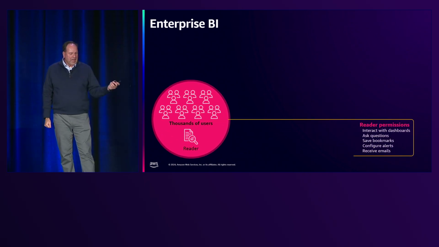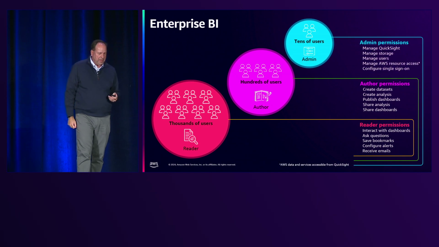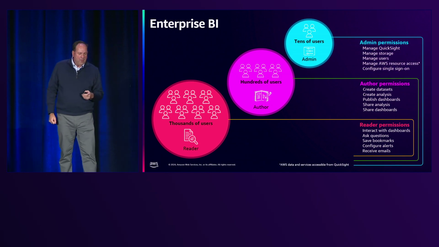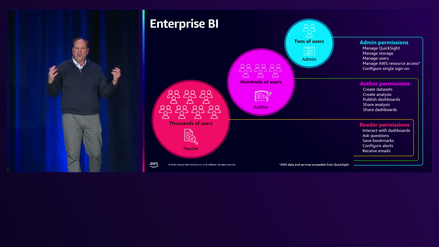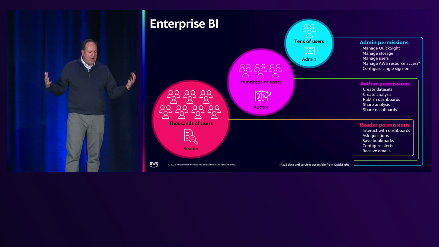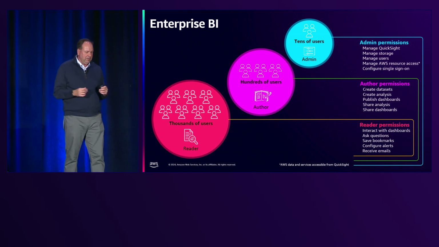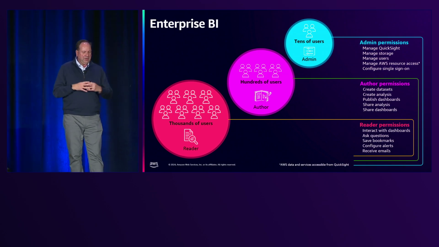So when we look at the different types of users that we have inside of QuickSight, we have administrators. Obviously, they're responsible for managing storage, managing users, managing AWS resources. And then you have authors, right? These are the creators in the organization. They create data sets, they create analyses, they publish dashboards, and they share those analyses and dashboards.